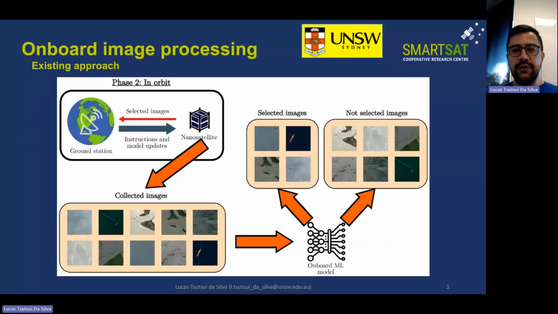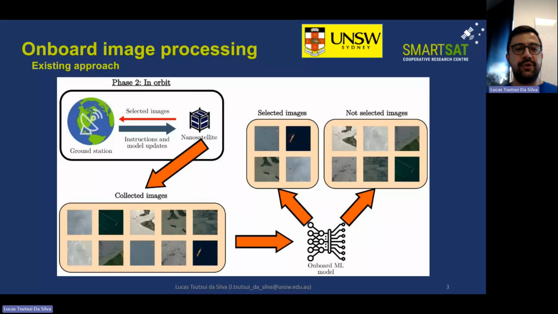So now I want to explain in more detail phase 2, which is the phase that my research focuses on. We use the satellite to capture images from the Earth. These images are processed by the onboard machine learning model. And the outputs from the machine learning model are used to decide which images will be selected to send to the ground station and which images are not selected.